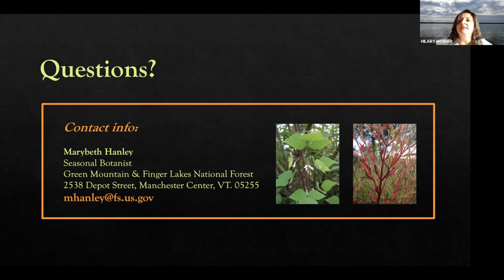Another question came in. It said something appears to be impacting the bush honeysuckle in this person's woods. Do you have any insight into what would be impacting a bush honeysuckle? What would be impacting bush honeysuckle in their yard? You mean what you could introduce to get rid of it?